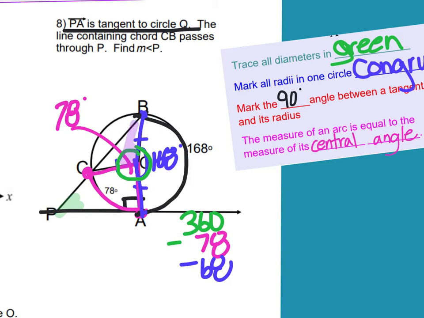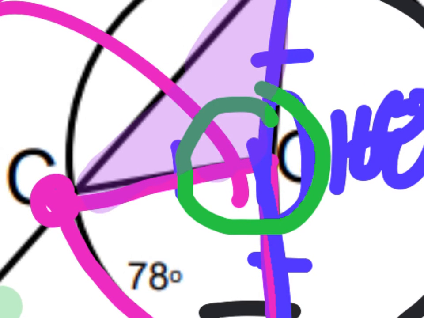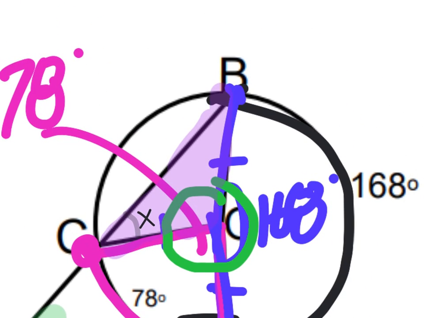And because that angle is part of an isosceles triangle, if the 2 radii are congruent, this is an isosceles triangle, then this angle x must be congruent to this angle x. The base angles in an isosceles triangle are congruent.